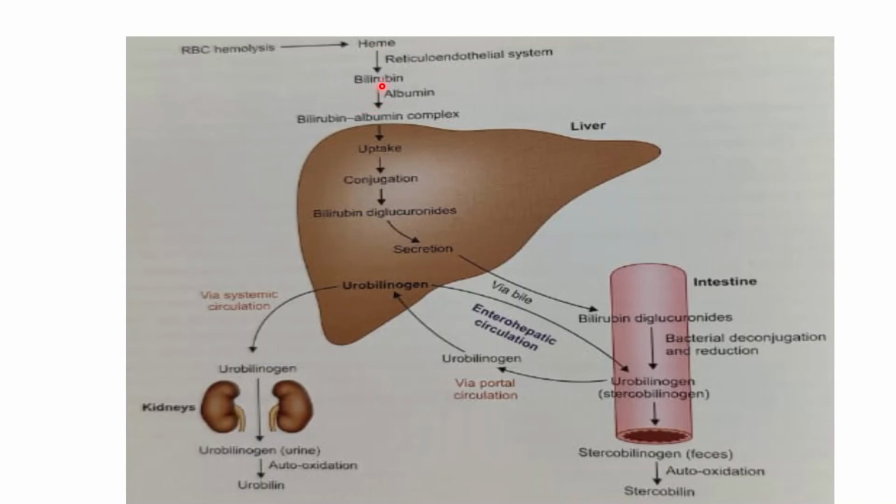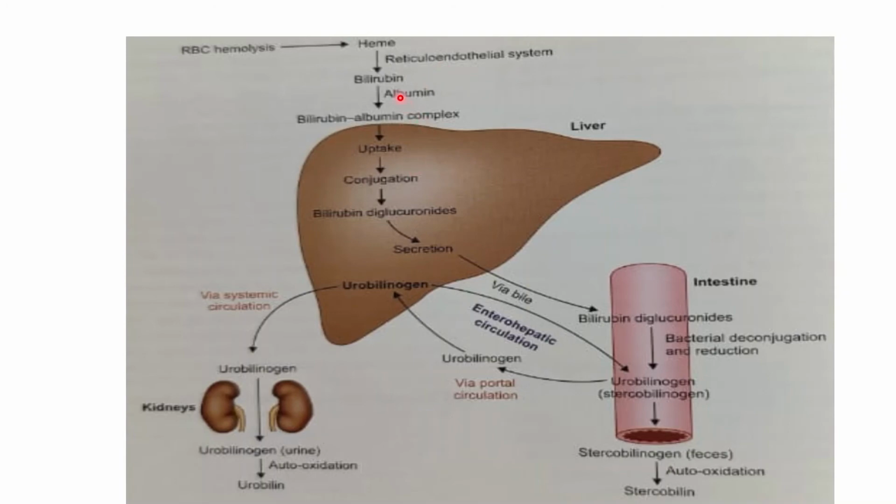This releases hemoglobin, which is broken down into heme and globin. The globin part enters the amino acid pool, which again synthesizes hemoglobin, whereas the heme is catabolized to bilirubin.